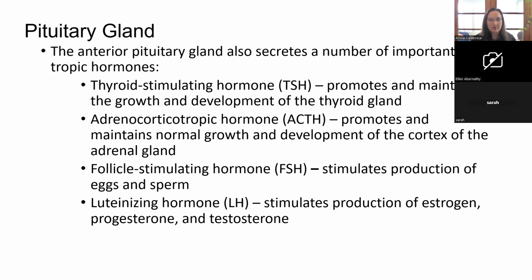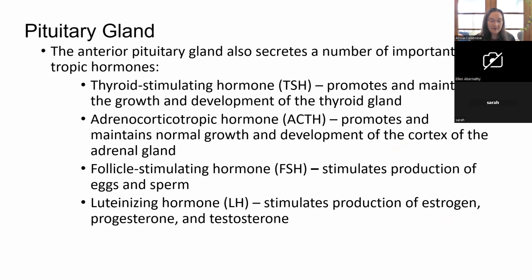Thyroid stimulating hormone, or TSH, triggers activity in the thyroid gland. So the pituitary tells the thyroid gland what to do. ACTH, or adrenocorticotropic hormone. This one gets released from the anterior pituitary and goes to the adrenal glands, tells them what to do.